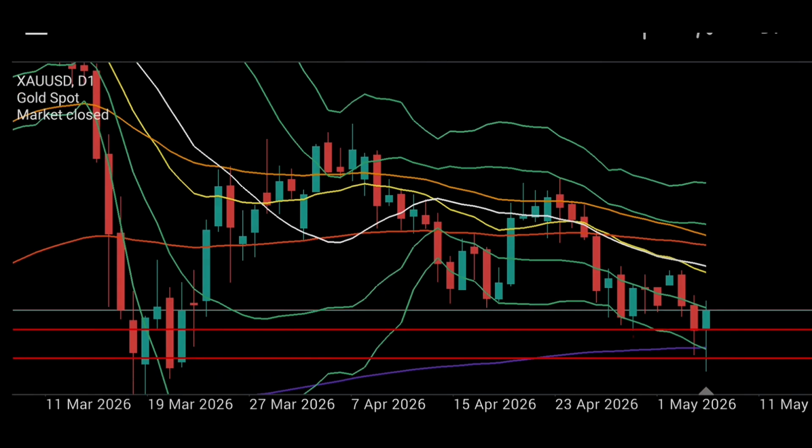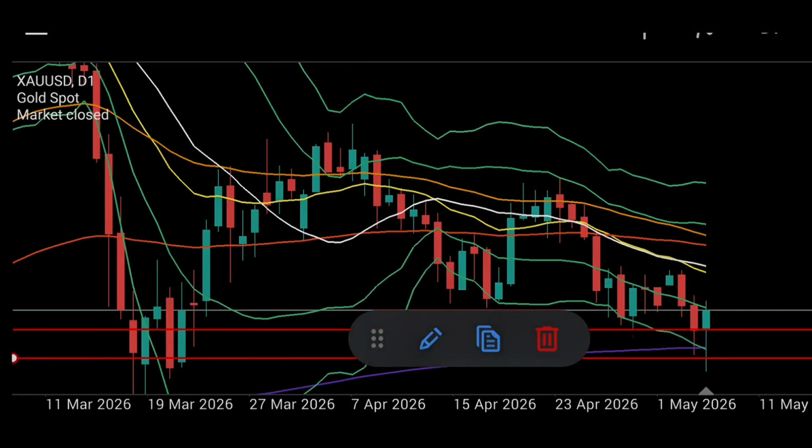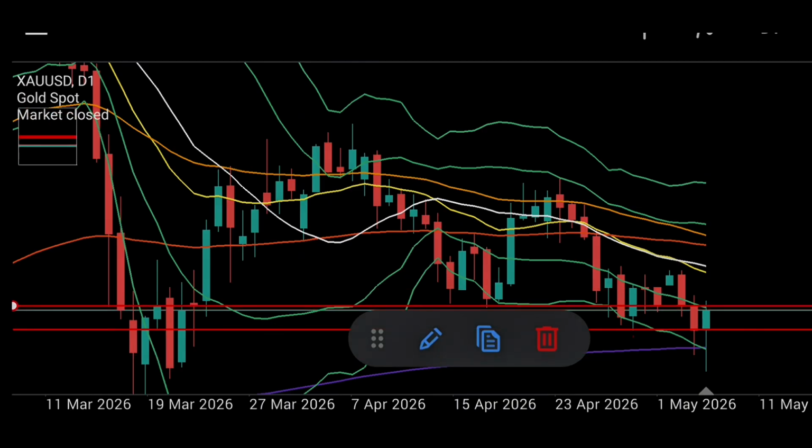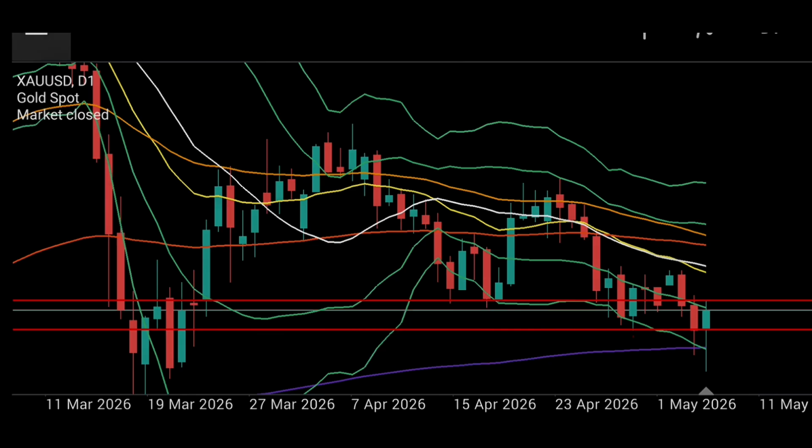You can see in a ranging market there are a lot of key levels which could go against you. You can see this key level from this place. You can see this level from this place. So all these are factors that could make this candle go down tomorrow. So because of that, I will be avoiding gold tomorrow.